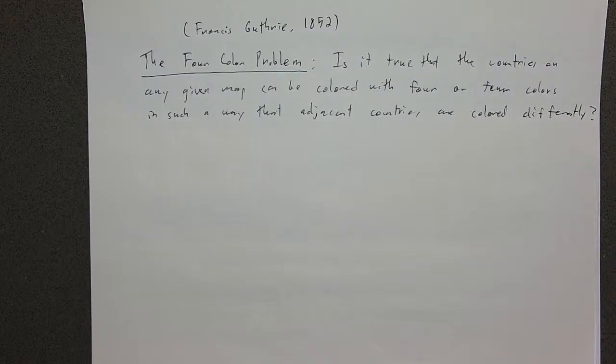That you could use 4 or fewer colors to color the map in such a way that adjacent countries, counties, or whatever you called the regions that were subdivided in this way, were colored differently. Okay.